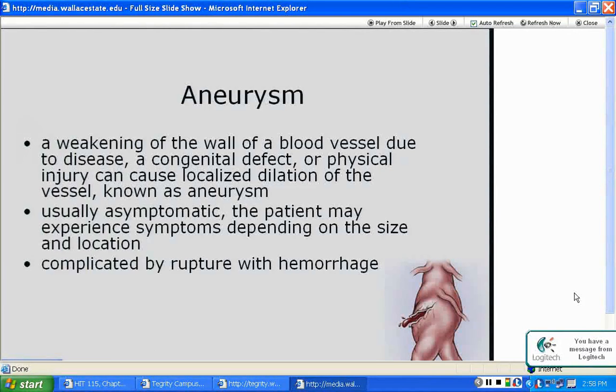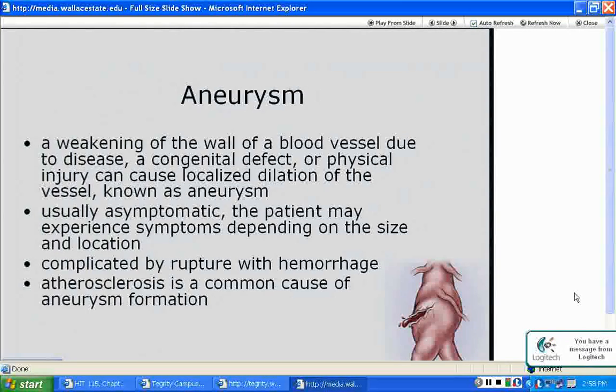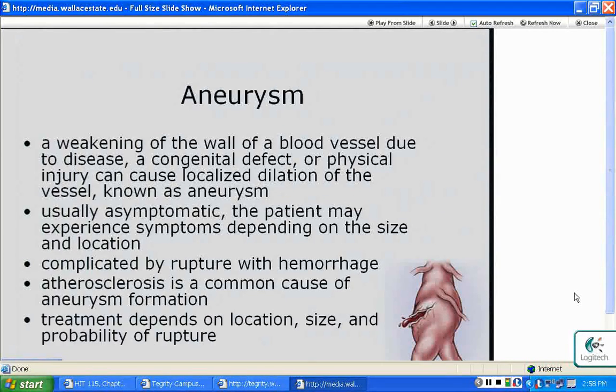The rupture is going to be associated with major hemorrhage, and the person's going to need emergency treatment to stop the hemorrhaging. Atherosclerosis is the most common cause. The treatment is all about the location, the size, and the probability of rupture.